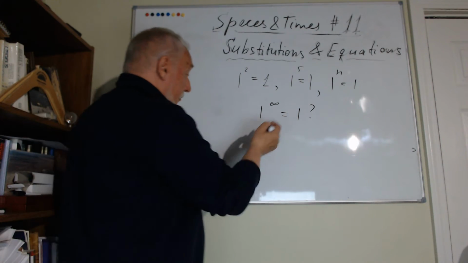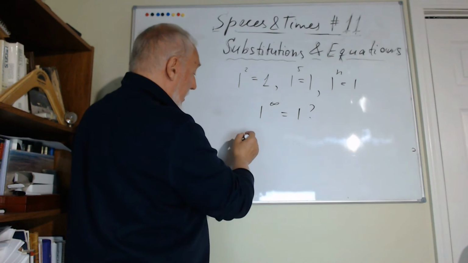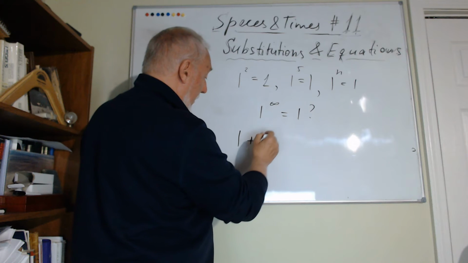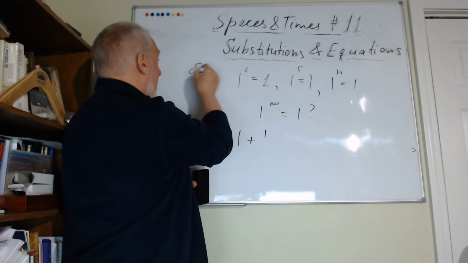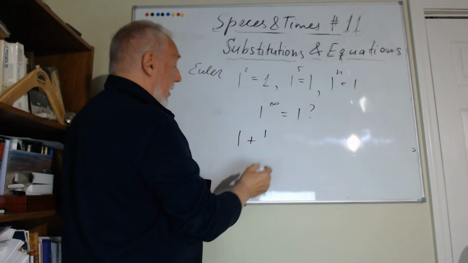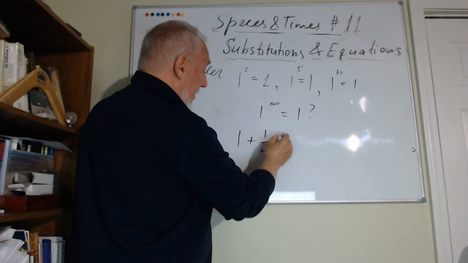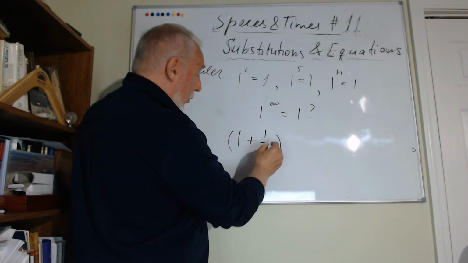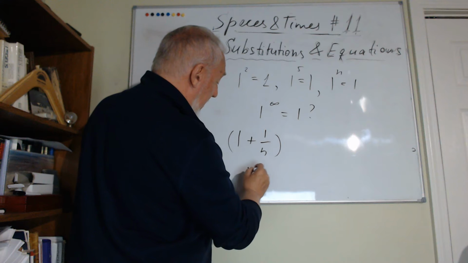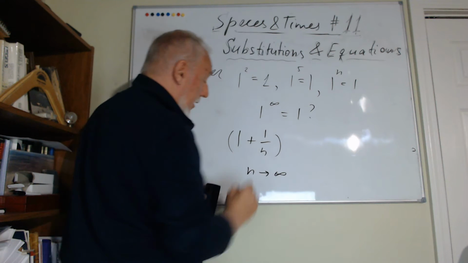Actually, there's a thing I mentioned previously. This guy, Leonhard Euler, does this thing: 1 plus 1 divided by n, and n is approaching infinity.